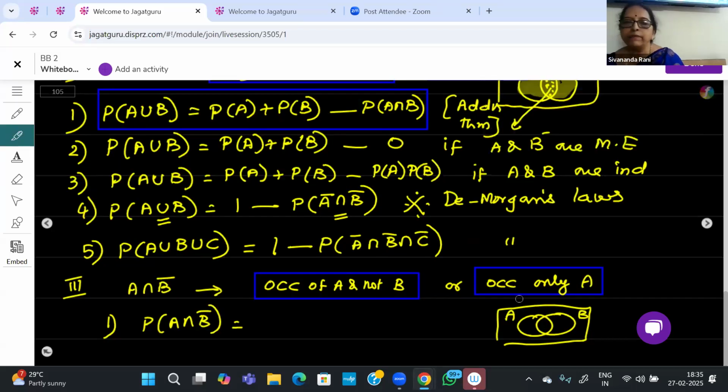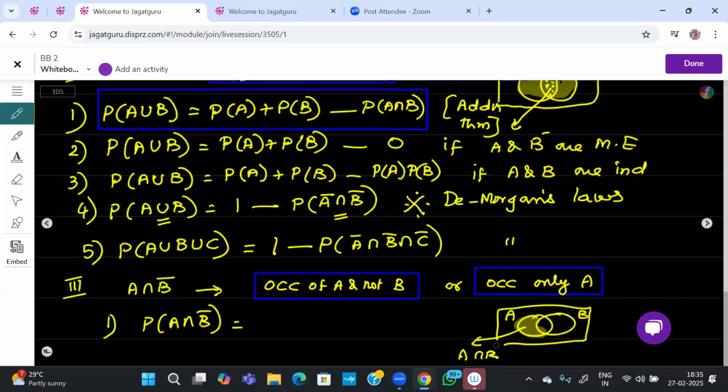I'm very fond of this Venn diagram because it will tell me exactly where I am, which area I'm looking at. If the entire sample space fetches me the probability of 1, what is this area that I'm looking at? This is A intersection B bar, right? You all agree? This is A minus A intersection B.